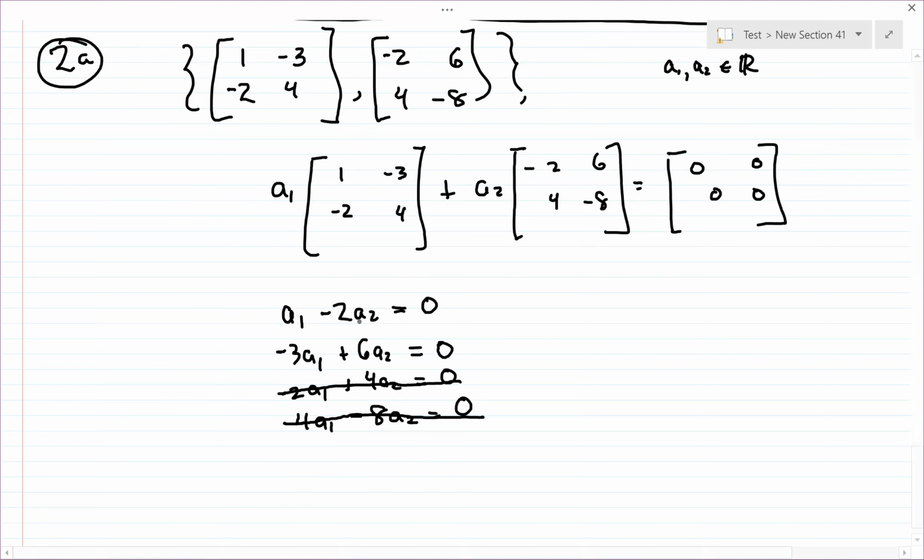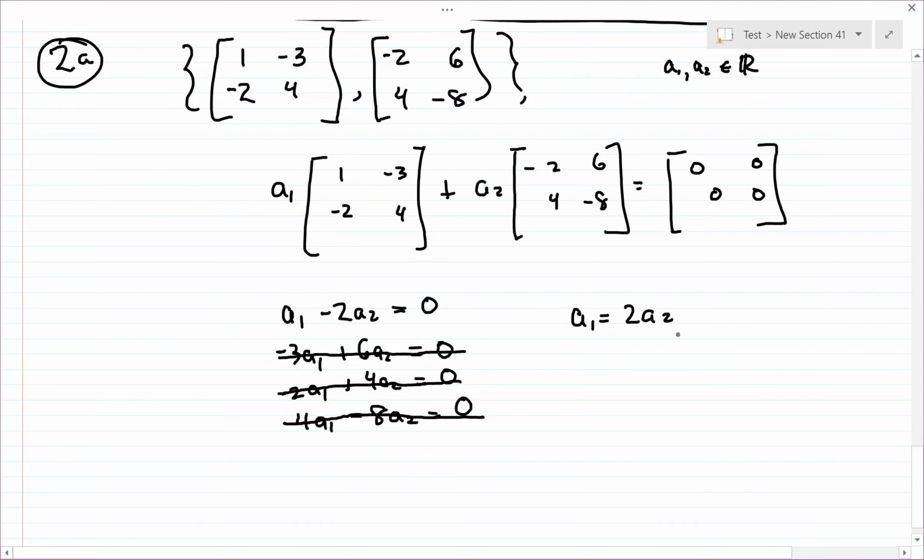I could have gone through the reduction of multiples of this times this and all that stuff, but I'm just happening to notice that these equations look similar. If I multiply this by -3, I get this one as well. So there's only one equation, and this one just says that A1 could be equal to 2A2.